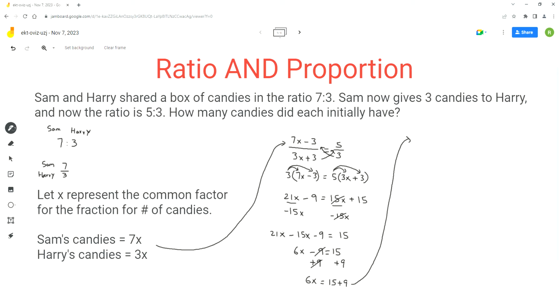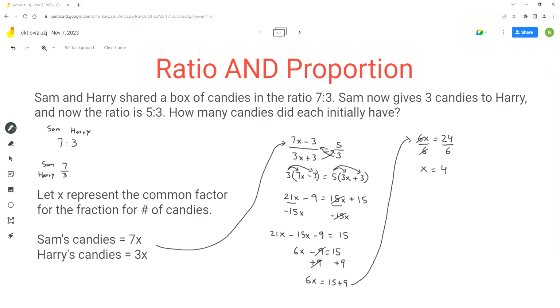So now we add 15 and 9, so we get 6x equals 24. Now we can isolate x by dividing both sides by 6. So the 6's on the left side cancel each other out. So we get 24 divided by 6, which is equal to 4. So this is the value of x we are looking for.